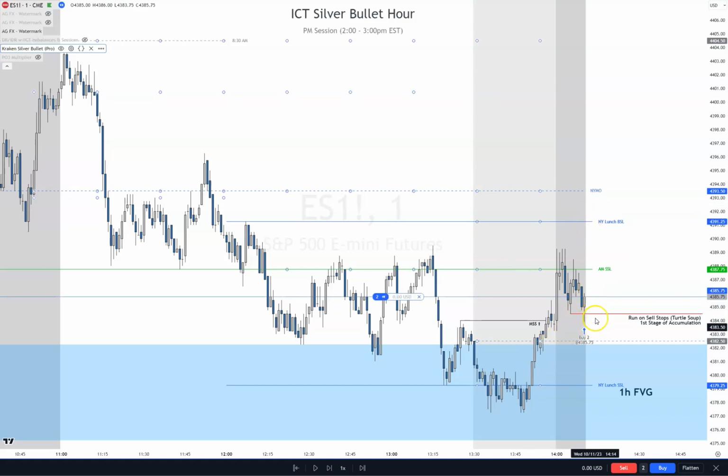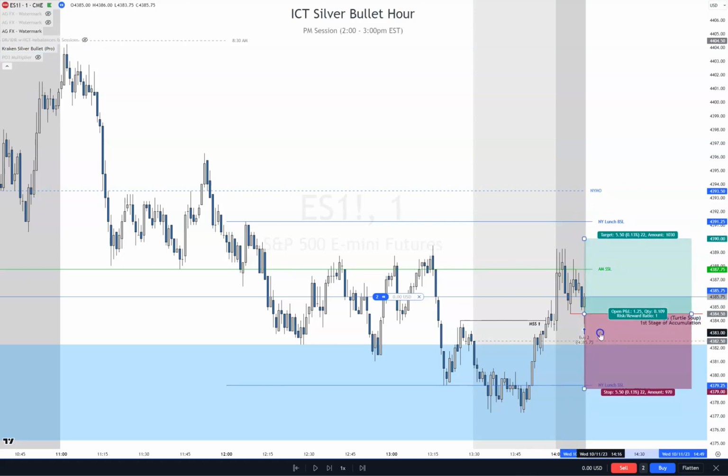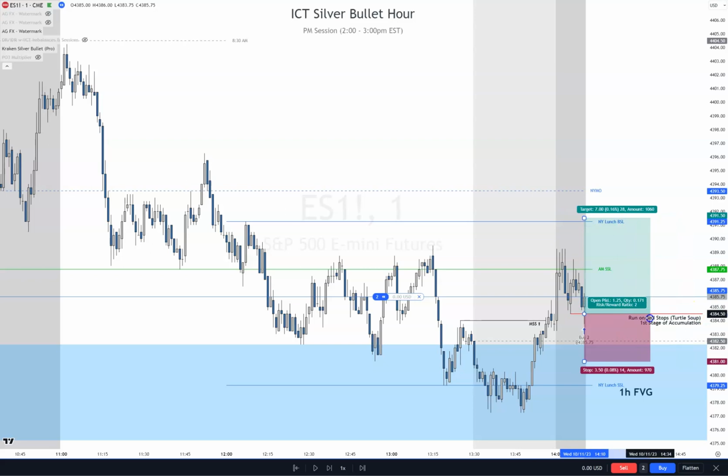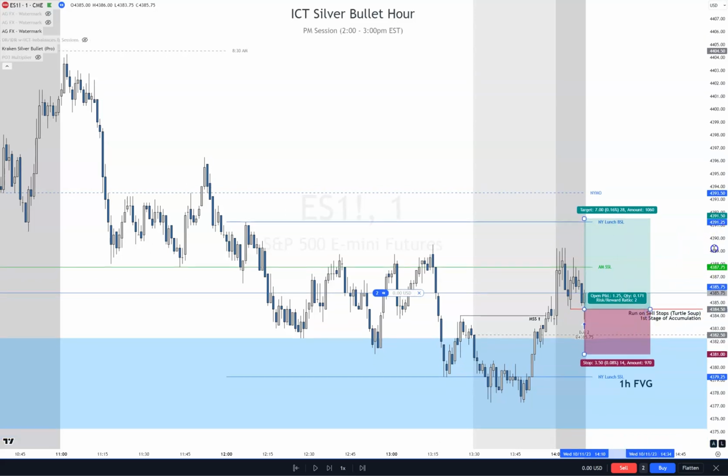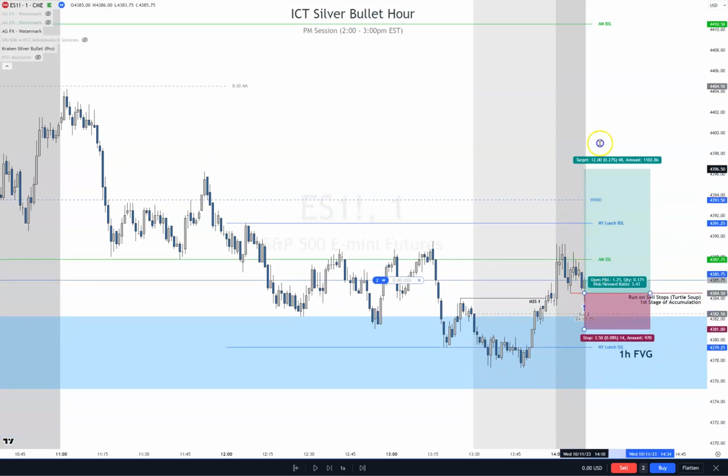We'd be targeting this. Let's see if we put on a line right here, which would be, I don't know if I do 5. Yeah, let's go right there and target New York lunch. It'd be our first target. We'd actually be targeting that.